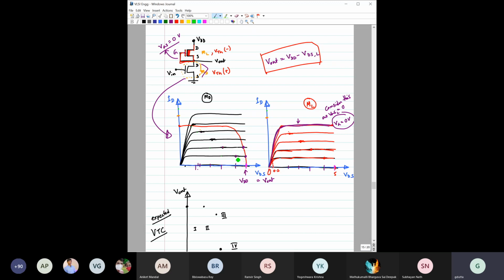That's why you can see these points here, but do not consider them. So this is the point, this is the point, this is the point. After this, where will be the next intersection? In the triode region directly, right?